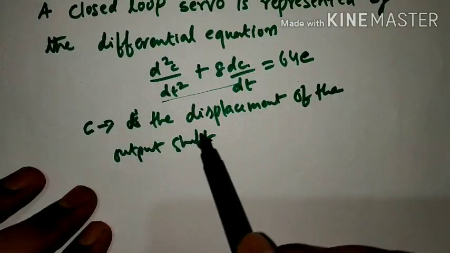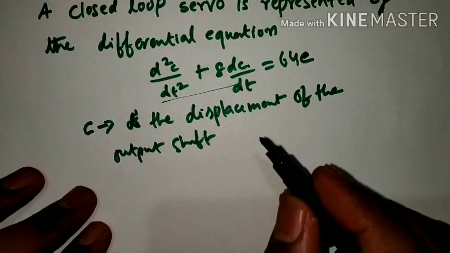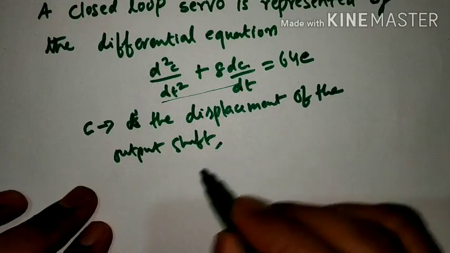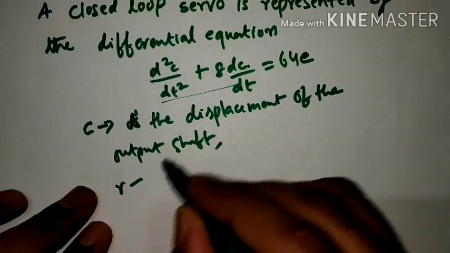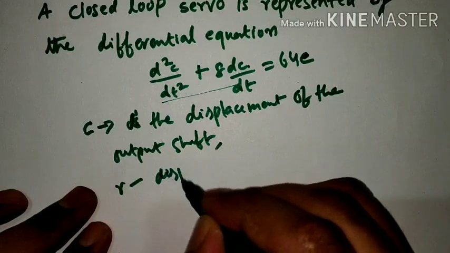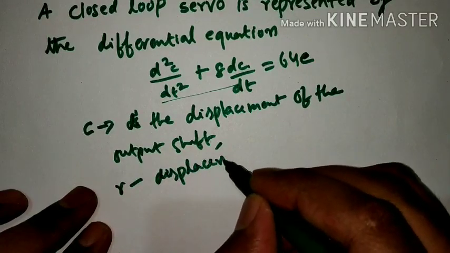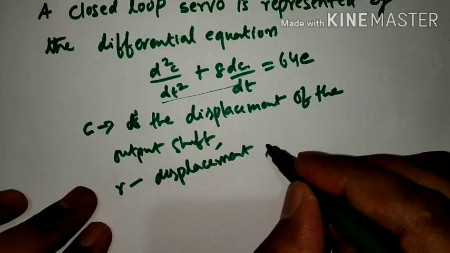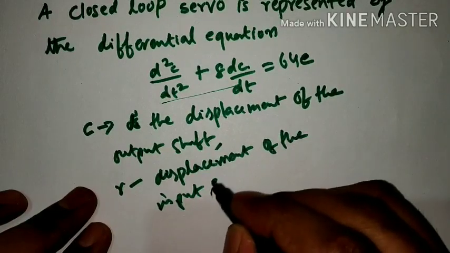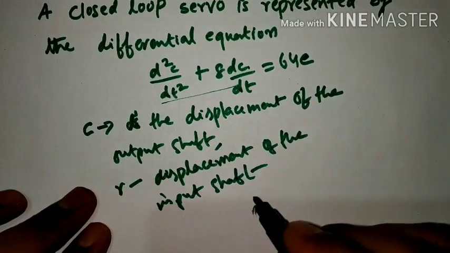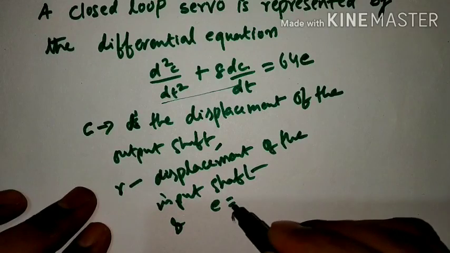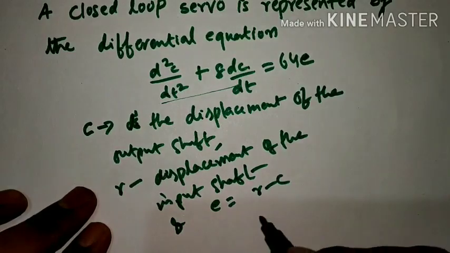C is the displacement of the output shaft, r is the displacement of the input shaft, and e is equal to what? e means r minus c.